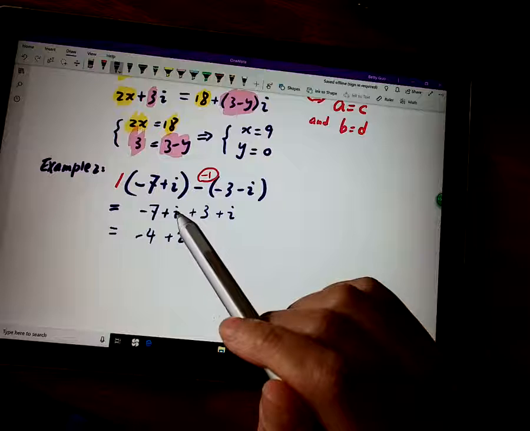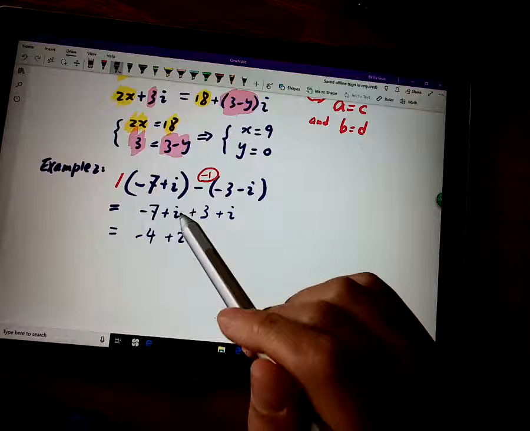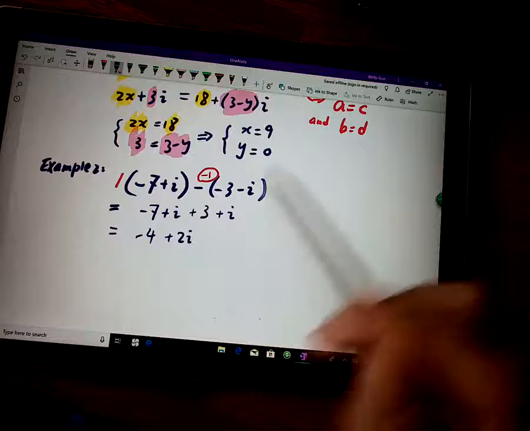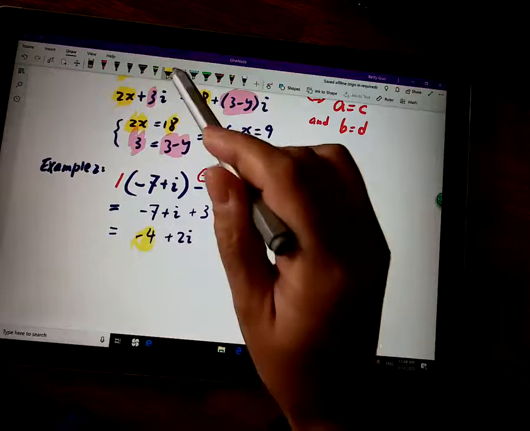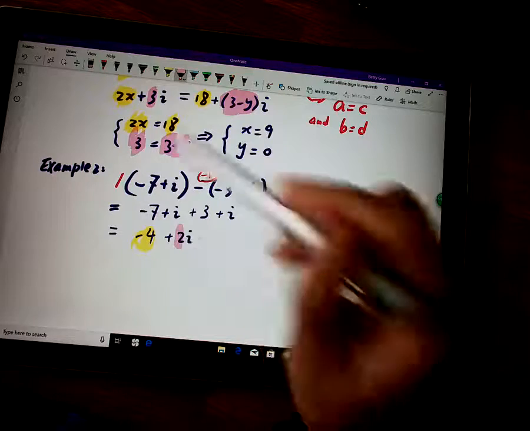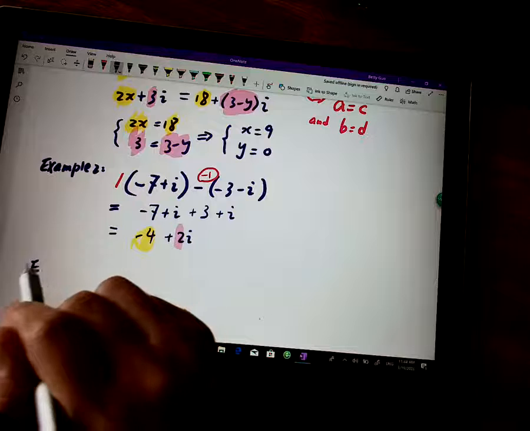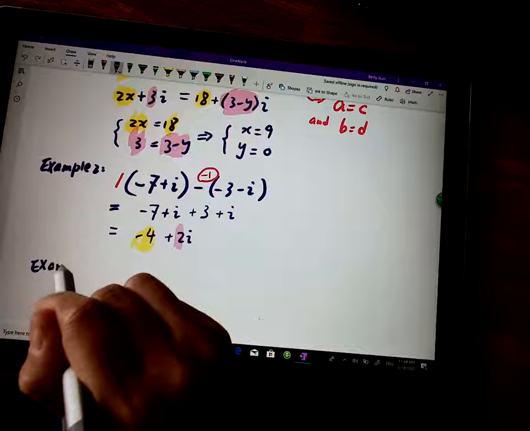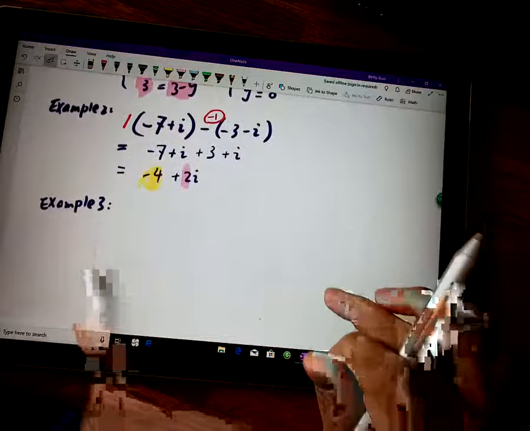You subtract a complex number from another complex number, the difference is a complex number as well. You can see the real part is -4, imaginary part is 2, right? Is that doable? It's pretty simple, right? So that is subtraction. I believe you can do addition. If you know subtraction, you would know addition.